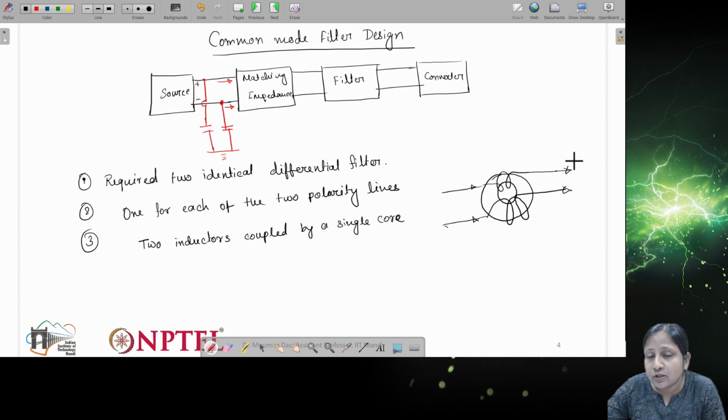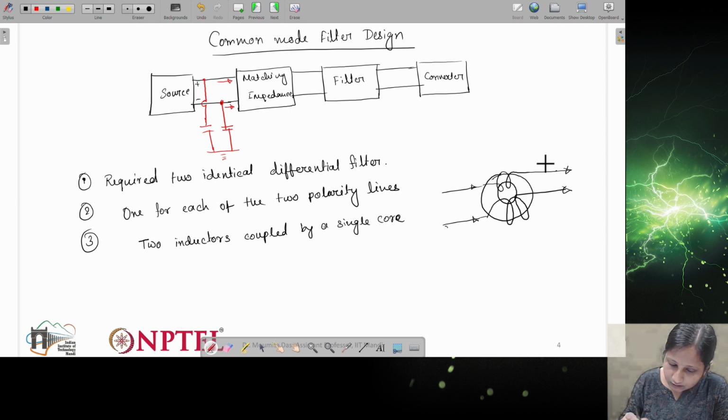That is why we need to mount it in the same core, so that the flux due to the positive line and the flux due to the negative line cancel out each other. So the presence of this common mode choke will not affect the operation of the system if it doesn't have any noise. It will only come into the picture if there is noise, and it will only attenuate the noise part, by considering non-zero net flux, which will be attenuated through the mutual inductance.